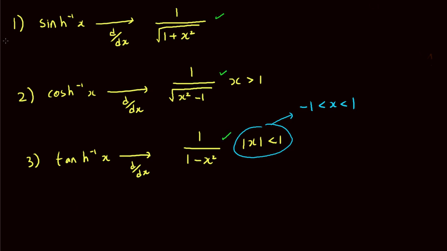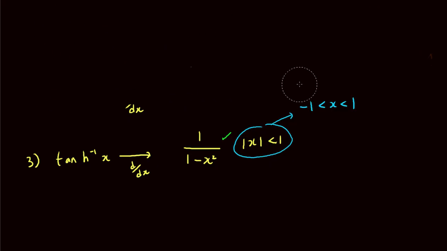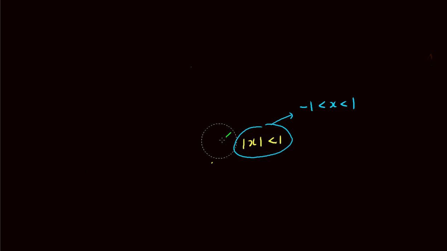Okay, and the last but not the least is going to be the reciprocal. So we're going to talk about the reciprocal actually. So let me erase this real quick.